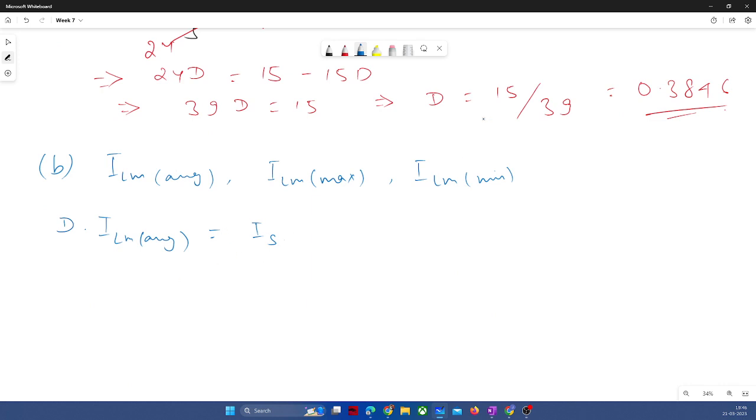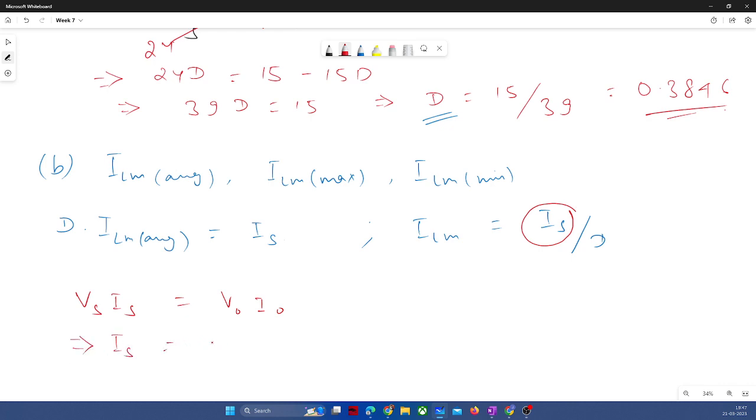We computed D, ILM is equal to Is by D, we just need to compute Is. Vs Is is equal to V naught I naught, if all components are ideal.